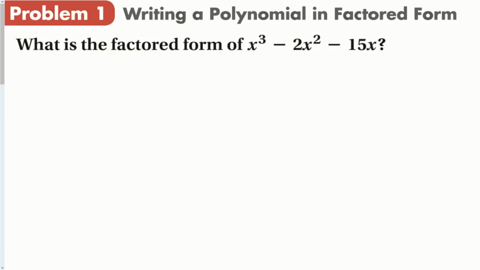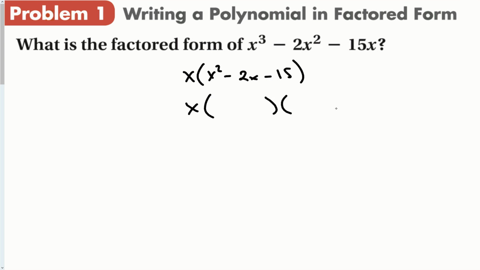To factor this polynomial, you should always recognize that it has a common factor. If you're going to factor anything, you should always take out the common factor first. All of them have an x in common, which leaves me with x squared minus 2x minus 15.